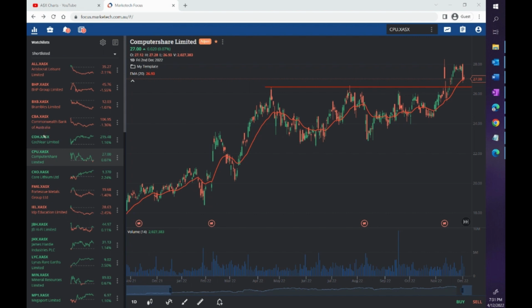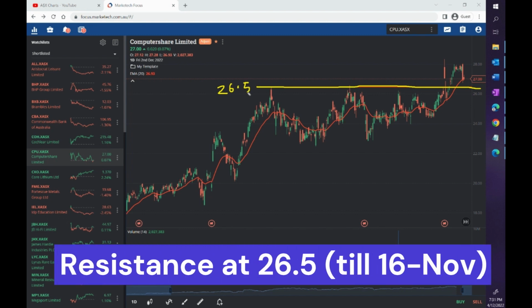Another thing we clearly notice in the stock is that this is a resistance line which it has hit thrice, and this resistance line is around 26.5.